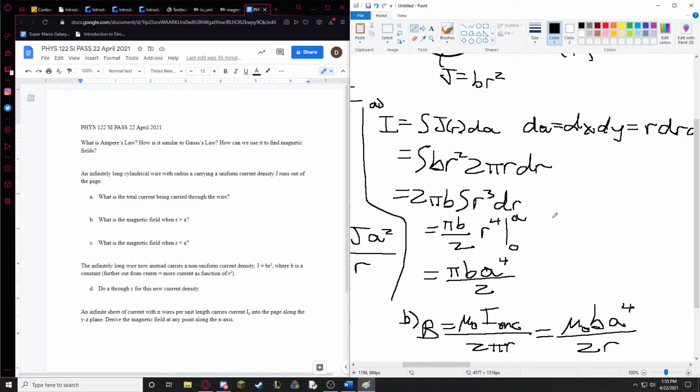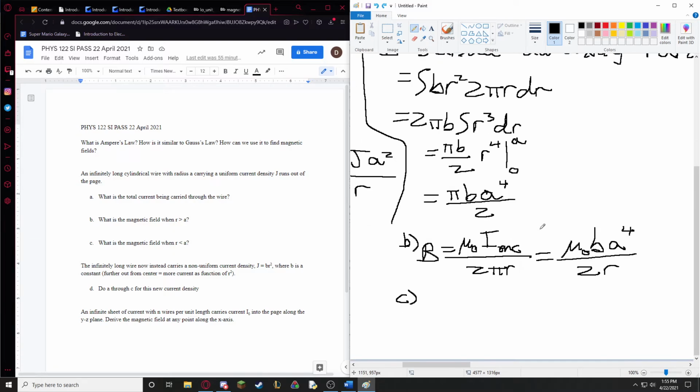Yeah, you just substitute r for a. Exactly. So instead of integrating from 0 to a, we're just going to integrate from 0 to our arbitrary radius r. So I enclosed just becomes pi b r to the 4th over 2.